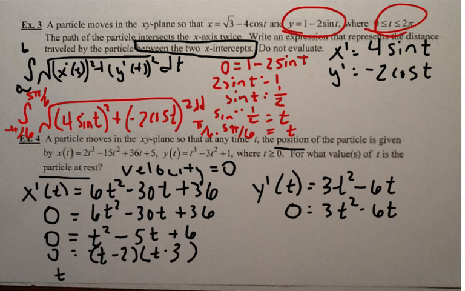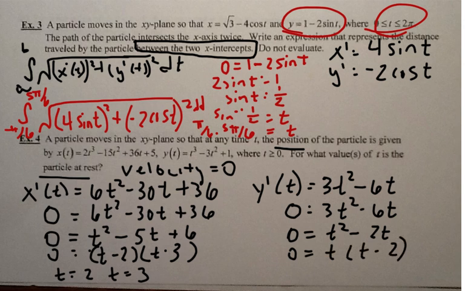So that gives us a time of 2 and a time of 3. Over here, I can divide everything by 3. So t squared minus 2t, factor that, t times t minus 2, so I get a t value of 0 and a t value of 2.